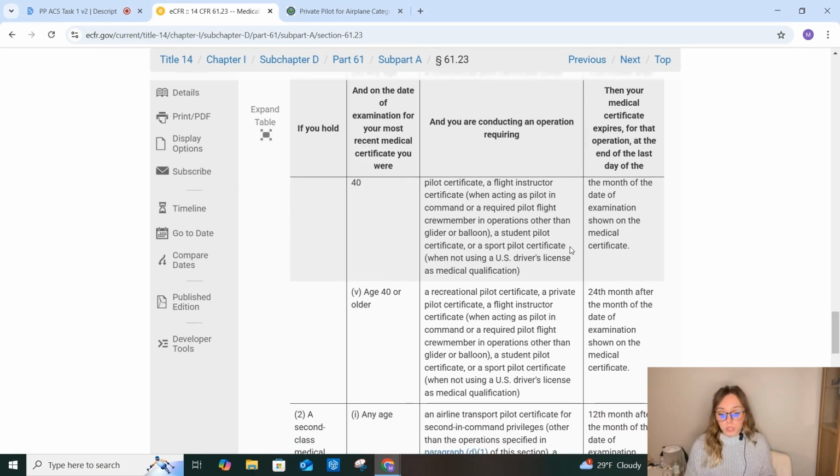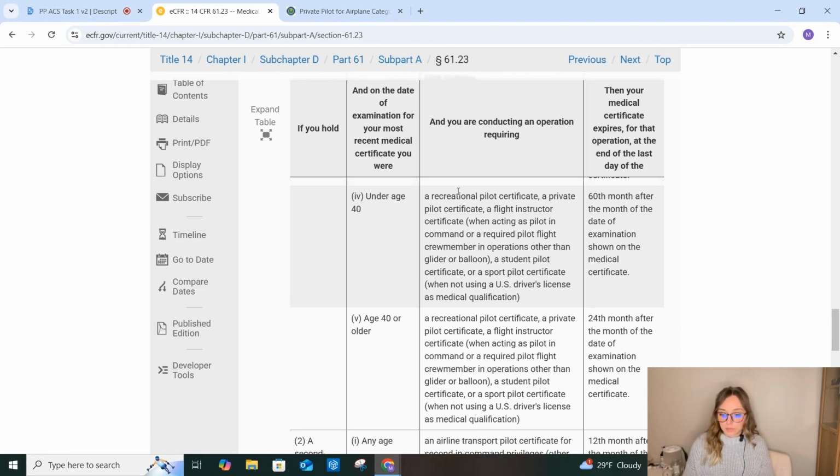If you are 40 or older, you have 24 months. So you subtract 6 because you were using first class privileges, let's say, for the first 6 months. For the remaining 18 months, you are now able to access third class privileges. And that's what it means by recreational pilot certificate.